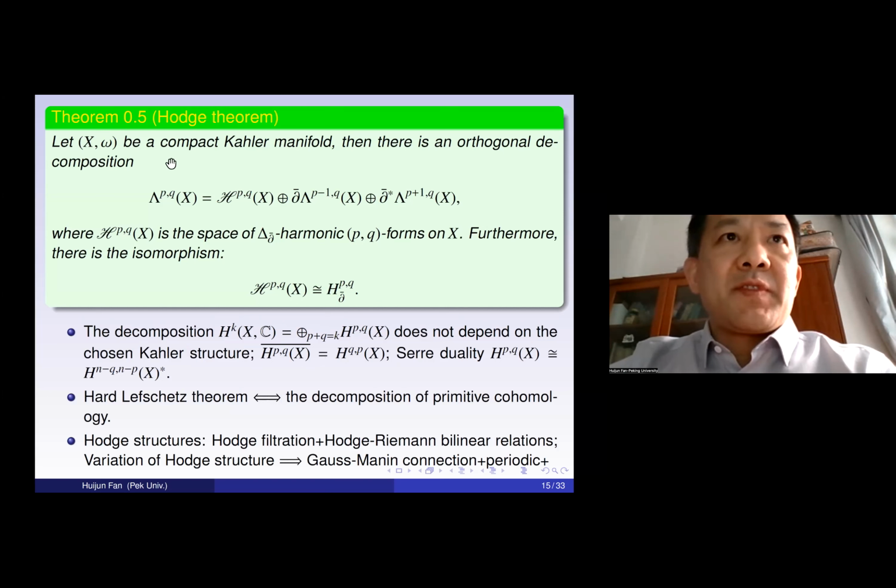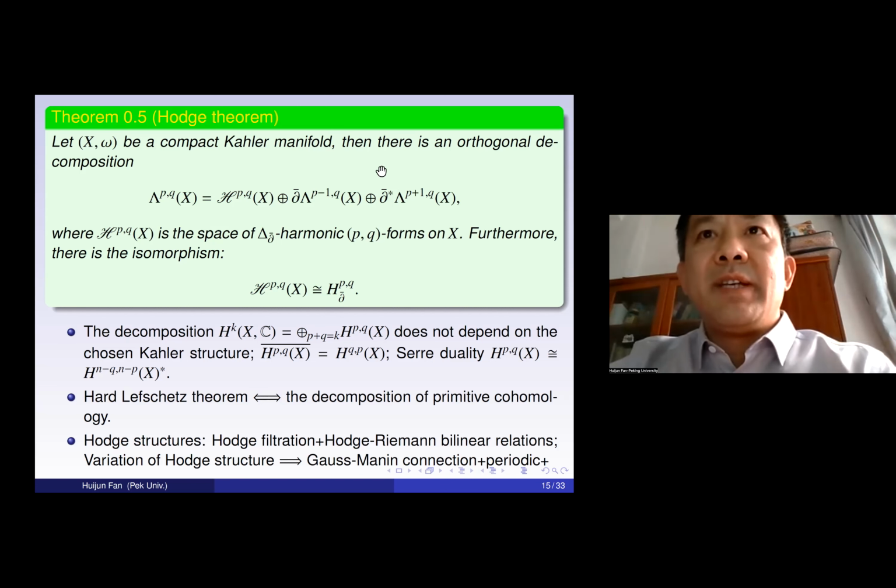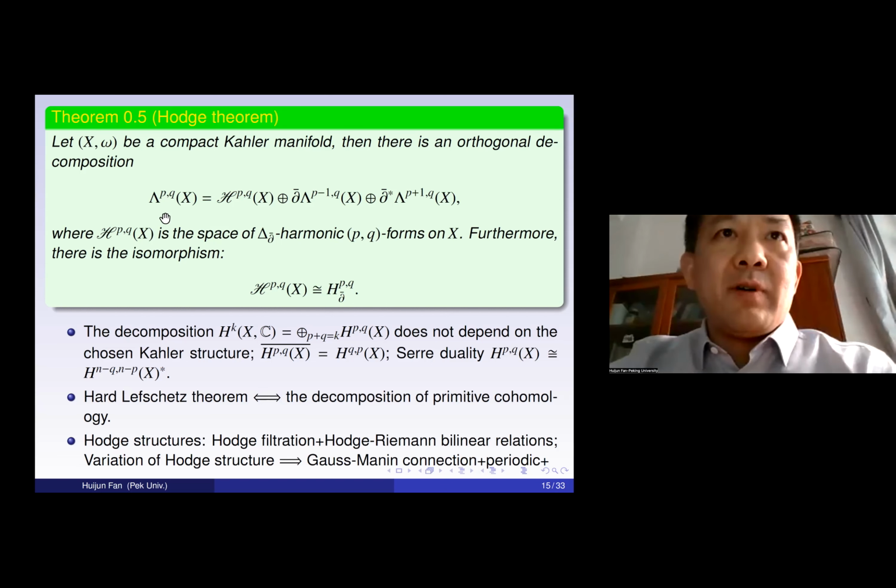And then we have the Hodge theorem. Let (X, omega) be a compact Kähler manifold. Then there is an orthogonal decomposition. The space of (p,q) forms on X can be decomposed into three orthogonal spaces. H^{p,q} represents the space of harmonic forms, and we have the image part of d-bar and also the image part of d-bar star operators.